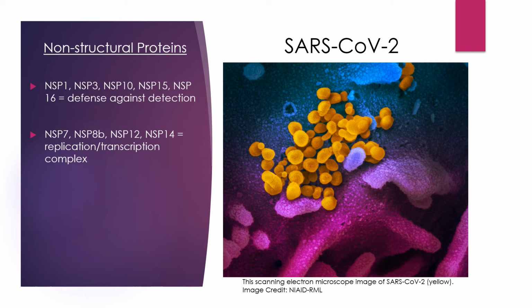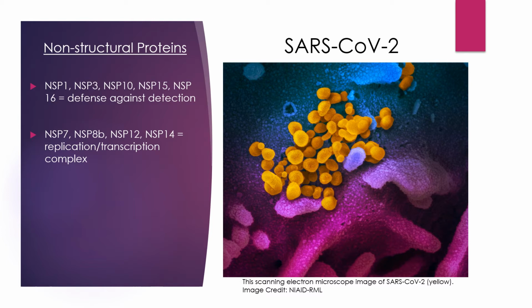Proteins like NSP1, NSP3, NSP10, NSP15, and NSP16 defend the virus against detection by infected host cells. They weaken the cell's ability to ward off infection with antiviral proteins. They disguise the viral RNA so that cellular antiviral proteins can't recognize them.